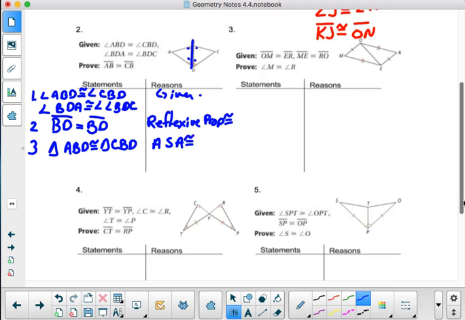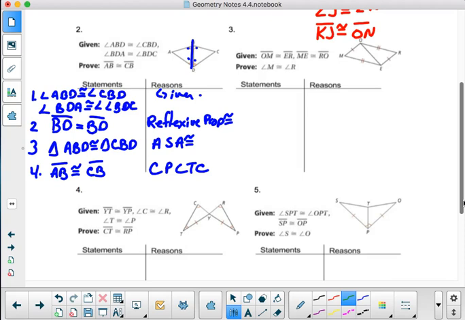Now, 4-4 was all about CPCTC, which is corresponding parts of congruent triangles are congruent. And so step 4, I know those parts that I didn't list in the previous part of the proof, segment AB and segment CB, are congruent because the corresponding parts of congruent triangles are congruent. And we are done with that proof.